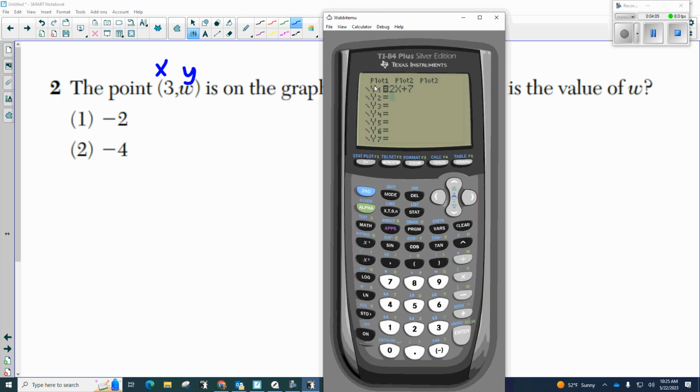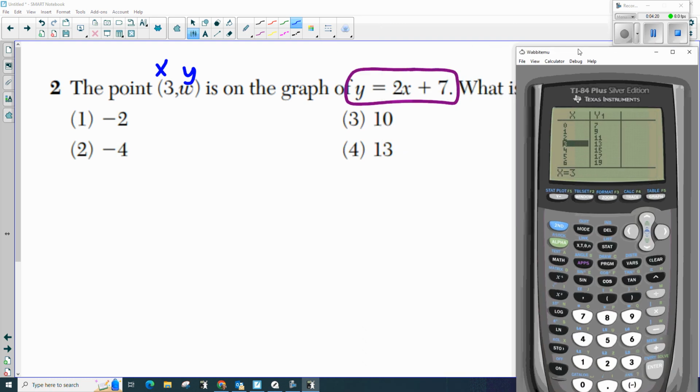Okay, and remember, once you put it into your calculator, we can find all of the x and y values simply by going to the table. Okay, so if I scroll down a little, I see the 3 here, and the y value is 13. Okay, that means that our answer is 13.